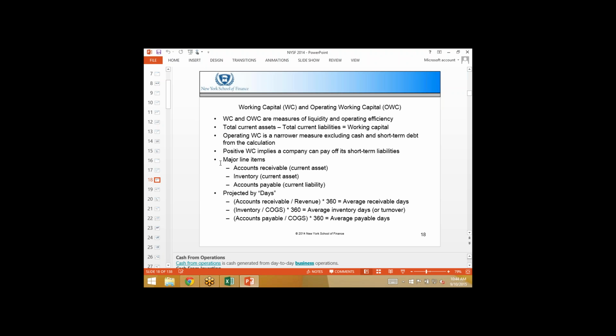Accrued expenses is a current asset. These are all items that you'd expect to be converted into cash within the year. Sorry, prepaid expenses. Right. Current assets. Current liabilities examples are accounts payable, accrued expenses, short-term debt.